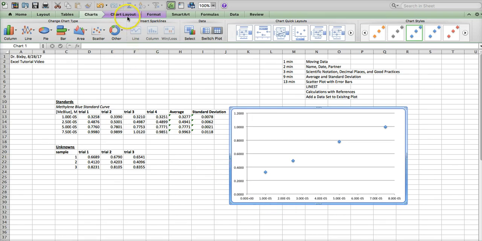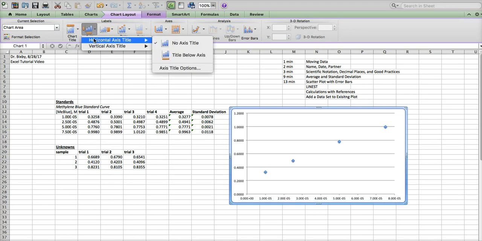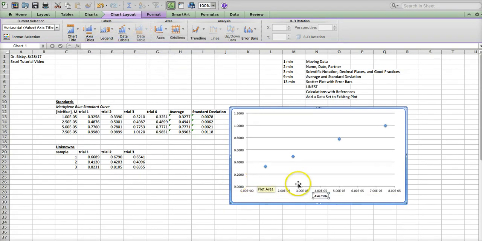You also want to make sure that you have axis titles, again, so that you have thought about what is on each axis, and other people who are reading your plots know what is on each axis. So in this case, I have concentration of methylene blue. And again, I'm going to put my units in here.